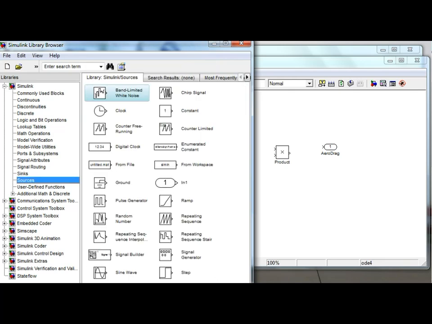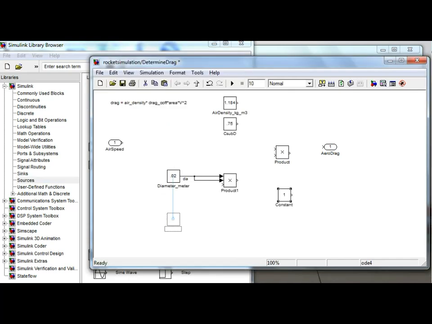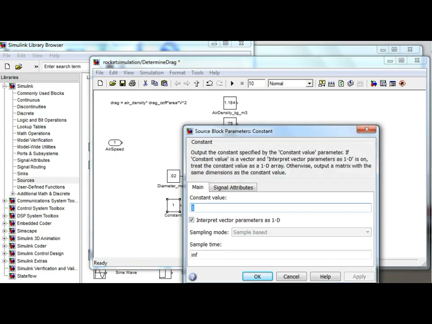Sources, Constant, right there. Drag that in. Double click. Now I'll type in pi divided by 4. No, this is not Hawaiian food. This is pi divided by 4.